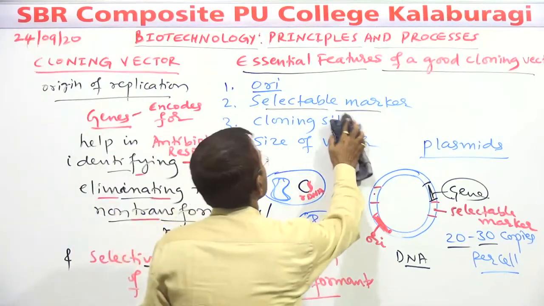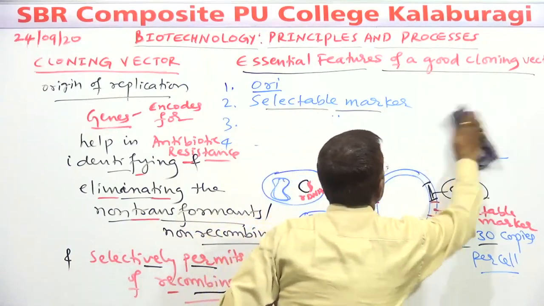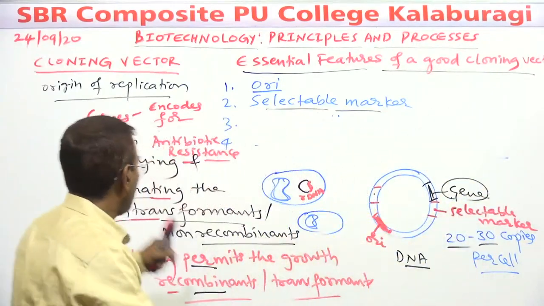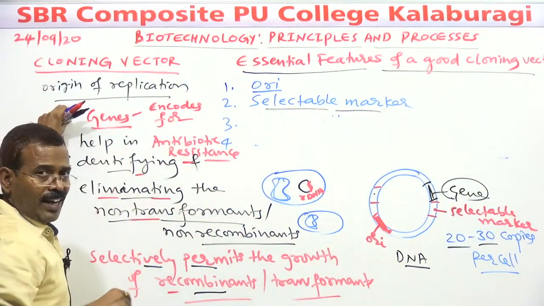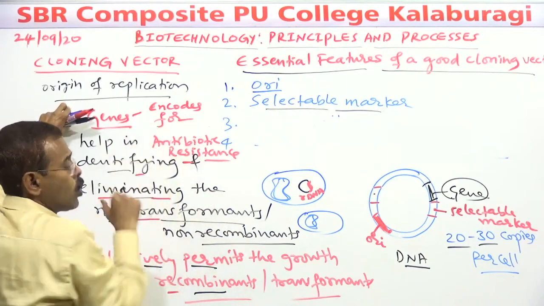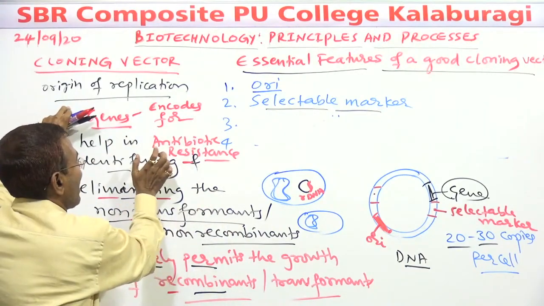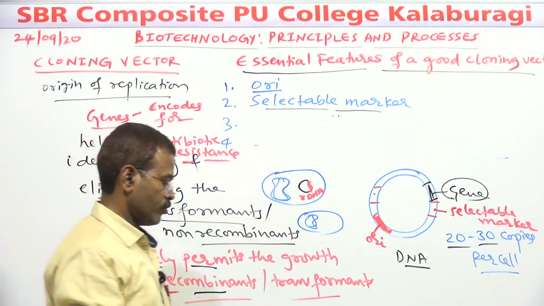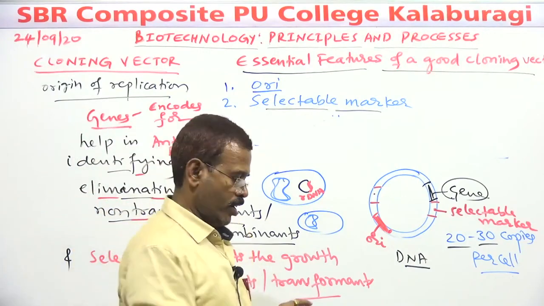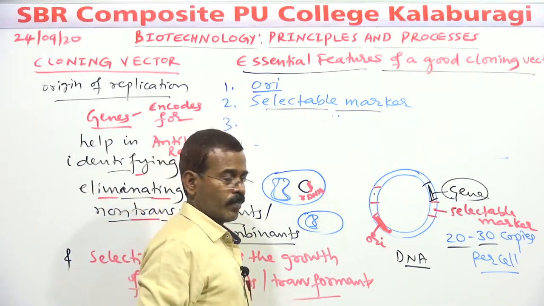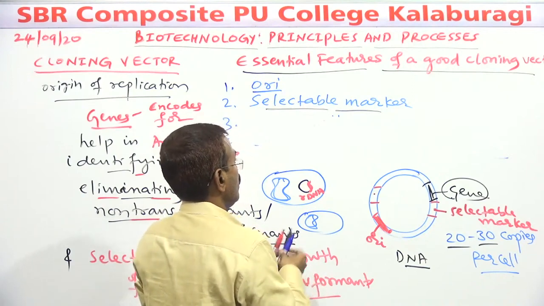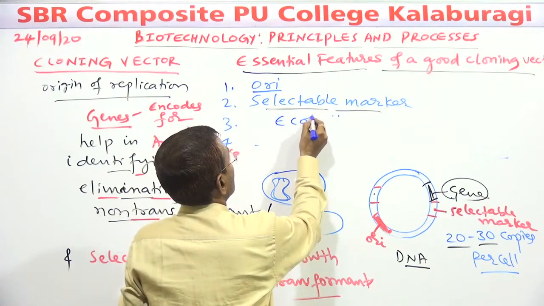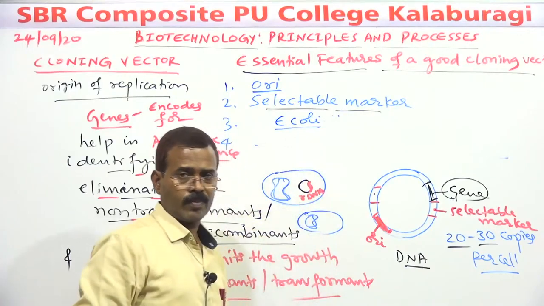Now, I told that selectable markers are the genes which can encode or code for antibiotic resistance, the antibiotic resistant property. So here, the commonly used host cell, you know, is E. coli.